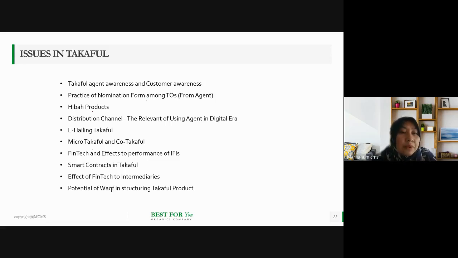Okay, on hibah products, I think this hibah issue is because hibah was approved a long time ago to be practiced in takaful, but the agency, the takaful agents or takaful operators, market hibah separately as a hibah product.